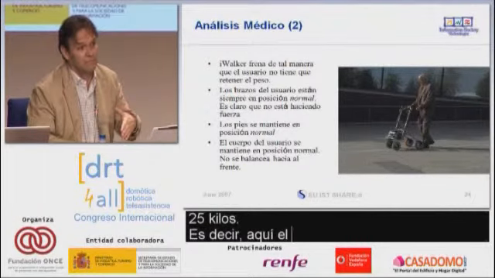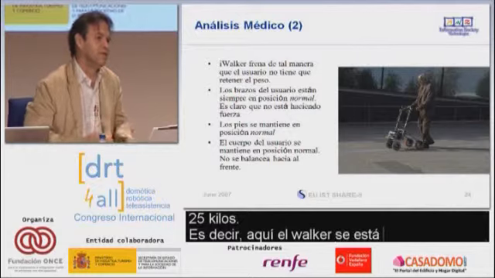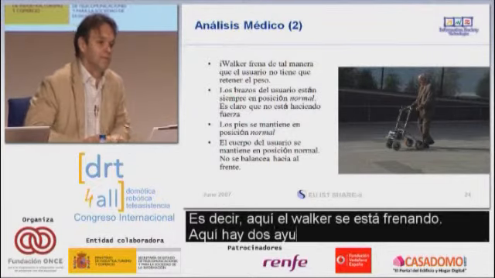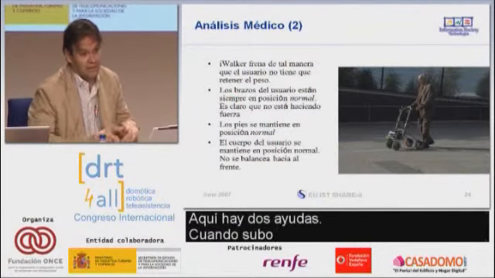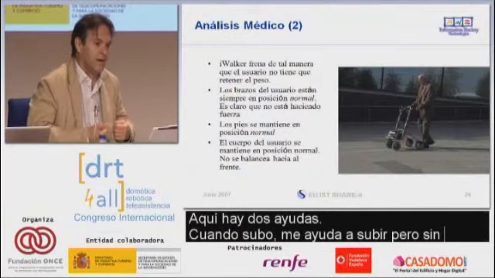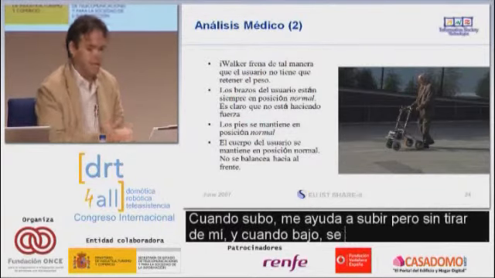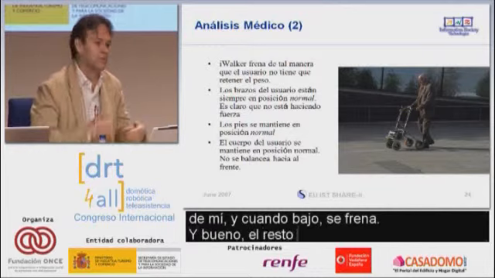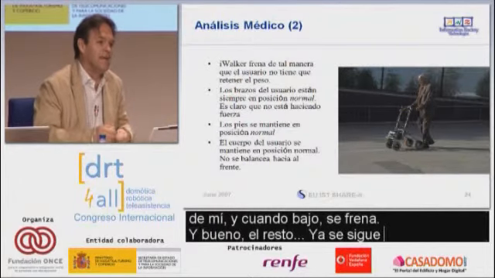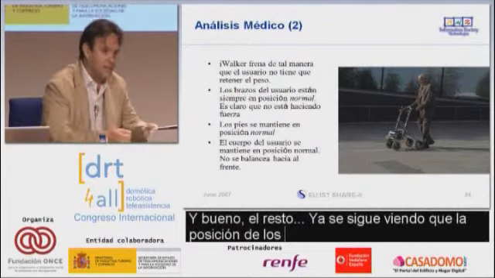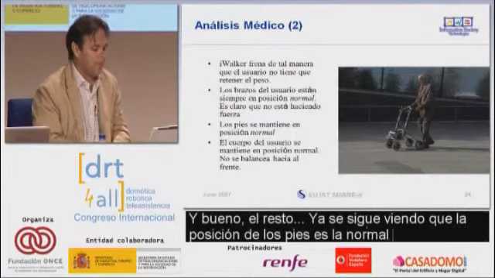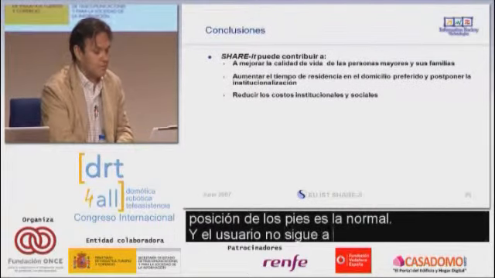The walker is being braked. There are two supports here. One helps us going uphill, without pulling, simply pushing. And in the downhill walk, it's braking. The user, therefore, is more comfortable.